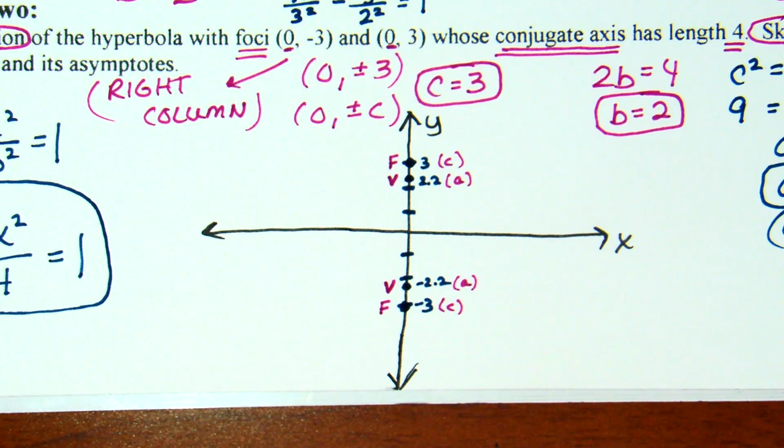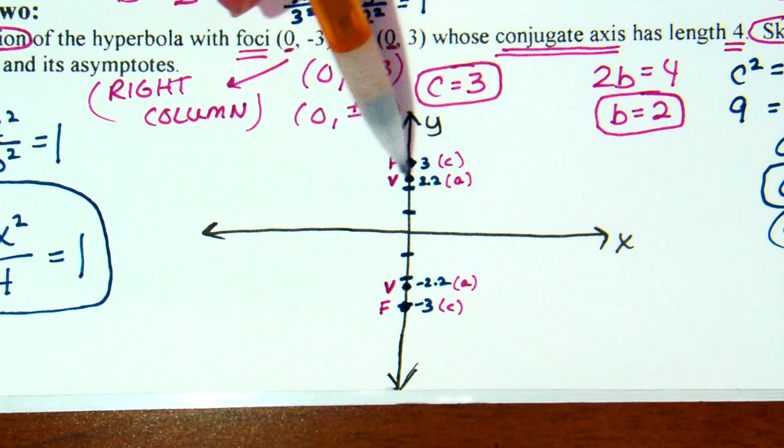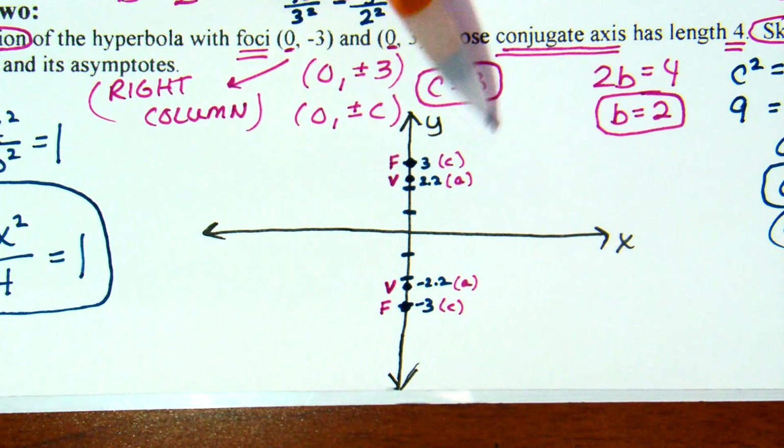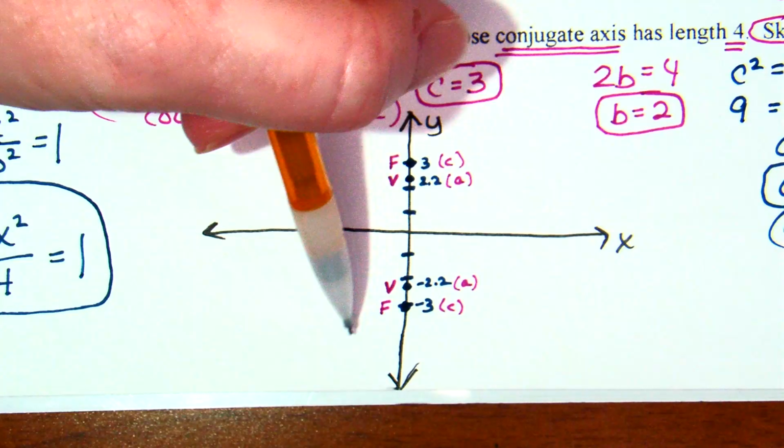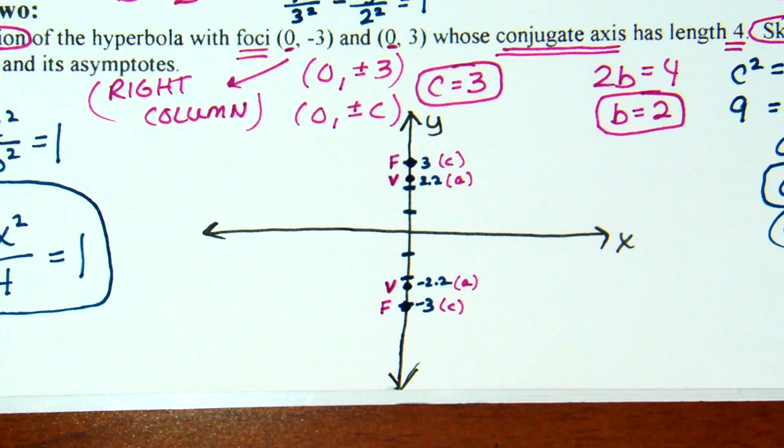Now, we know that our hyperbolas go through my vertices, right? It was discussed in class a moment ago that these are going to open up and open down. Now, the key is, how wide or narrow do I make them? And that's where we need the asymptotes. Now, I'm not going to use the equation to find asymptotes, though. A took me up and down on the main axis, right?